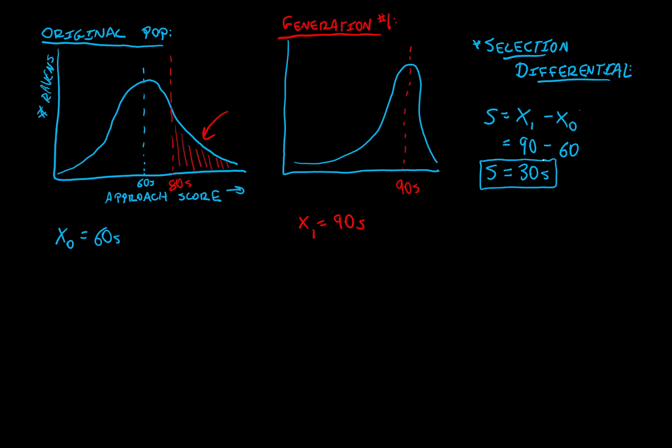So if this behavior is 100% genetic, you'd expect to see a 30-second difference in each new generation.